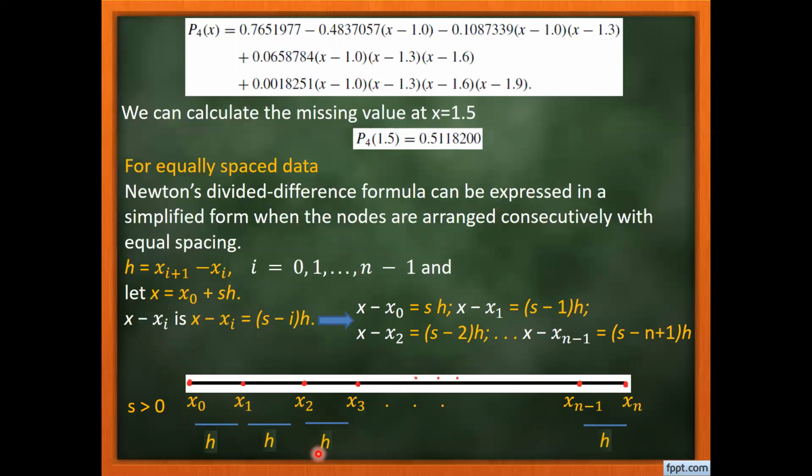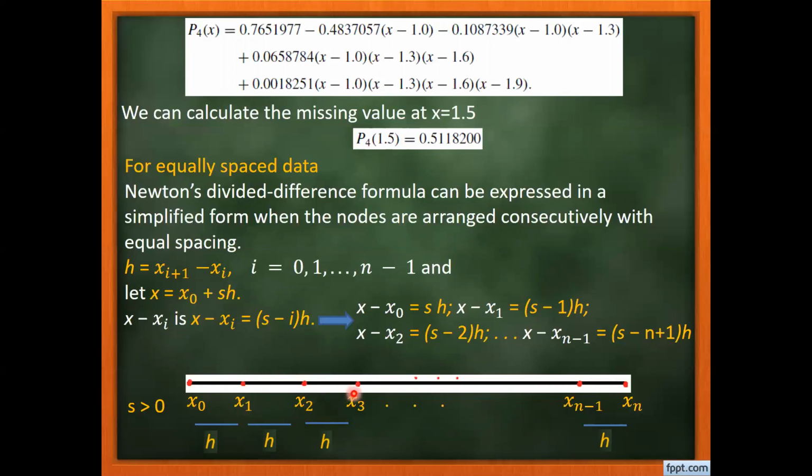In other words, what I'm saying is, if I know the value of x0, I can approach all of these data points. How? If I have the value of x0, I add h to get to x1. If I have the value of x0, I can get to x2 by adding 2 times h.